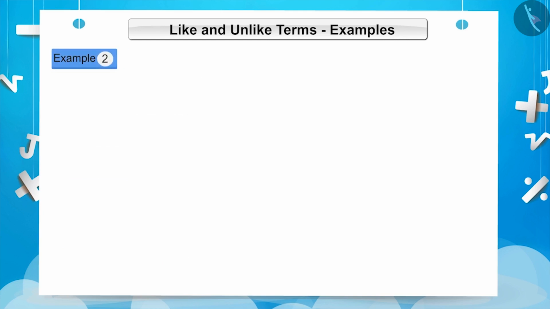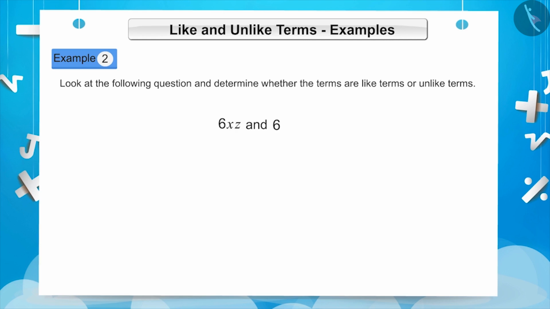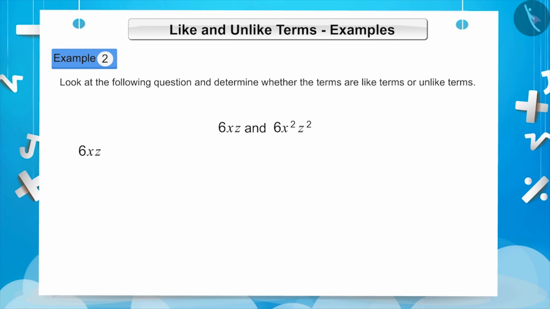Example 2. Look at the following and decide whether the terms are like terms or unlike terms. 6xz and 6x square z square. If we form the factors of these two terms, we will find that the factors of 6xz are 6, x and z.